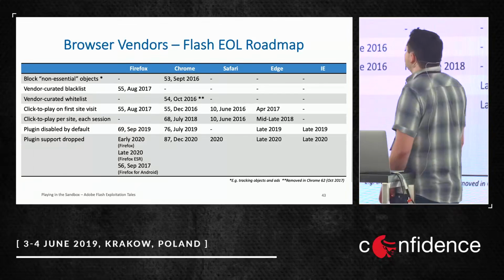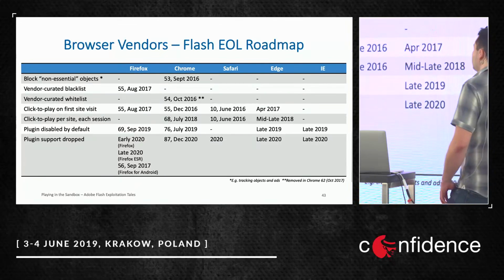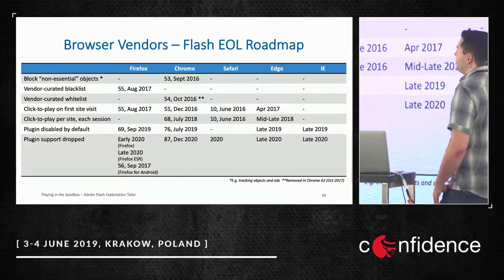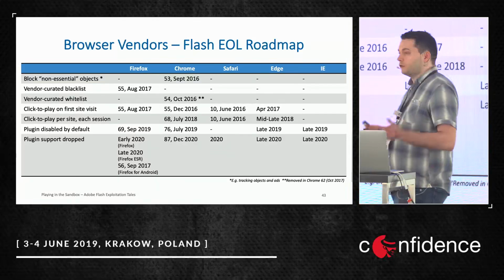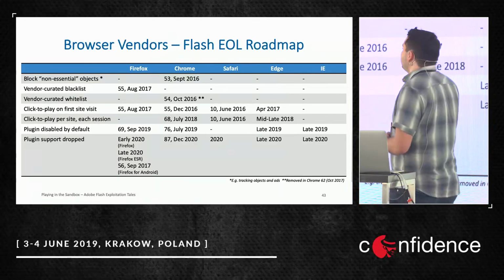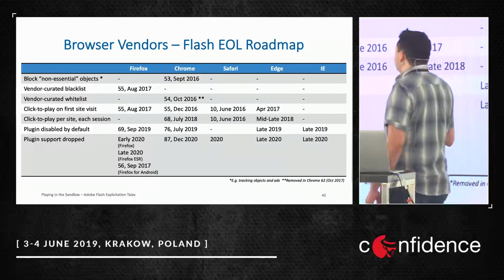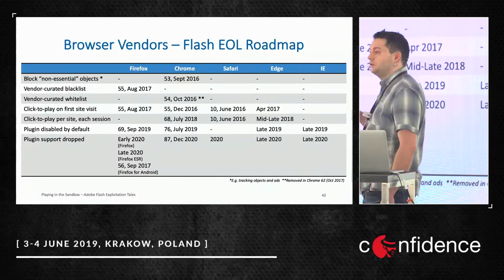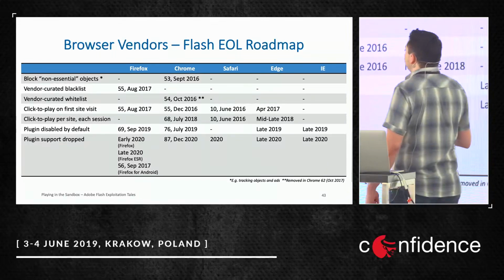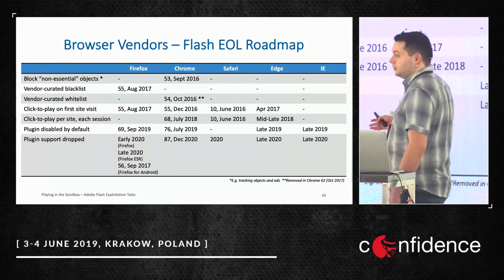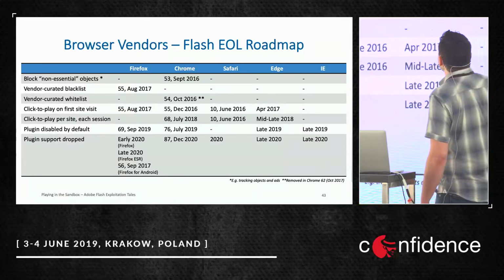From the browser perspective, across the board we see all sorts of measures like vendor-curated blacklists or whitelists, some form of click-to-play, and we also see that the plugin will basically be disabled by default at the end of this year, and plugin support will be dropped by early 2020 or late 2020 in some of the other cases.